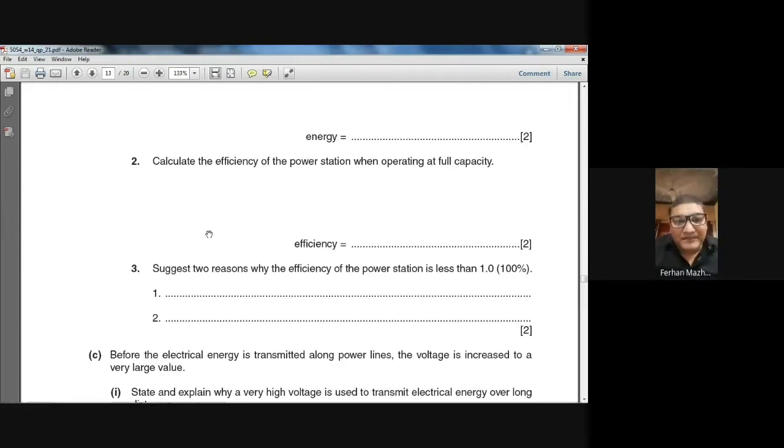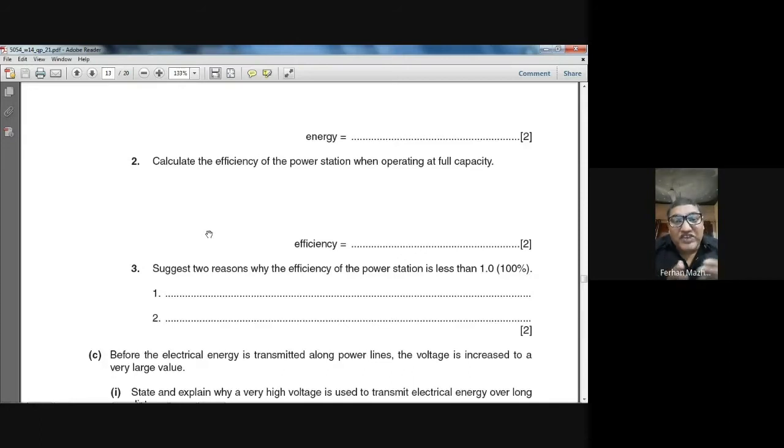For example, if you look carefully, all the gravitational potential energy of the water was converted into kinetic energy, and all the kinetic energy of the water is not converted into electric energy. One very simple way of knowing this is that the water which is passing through the turbines is rotating them because of the flow of the water.